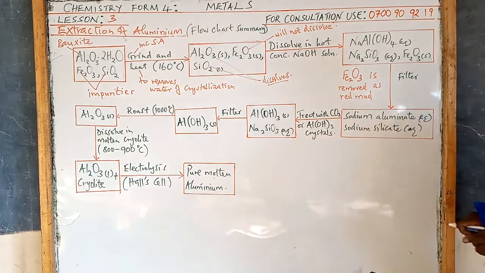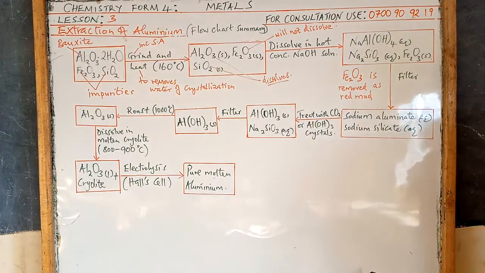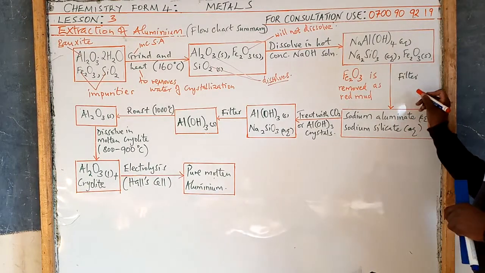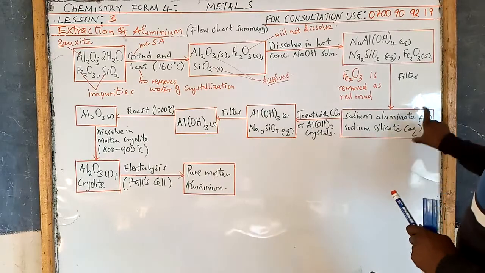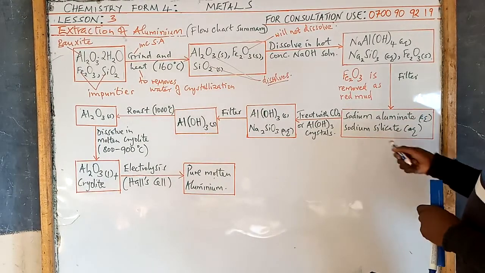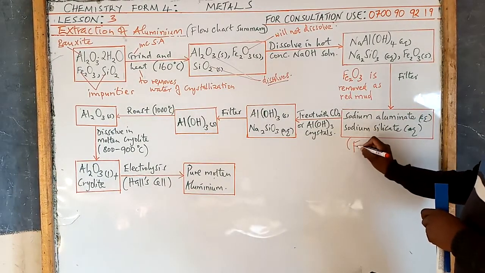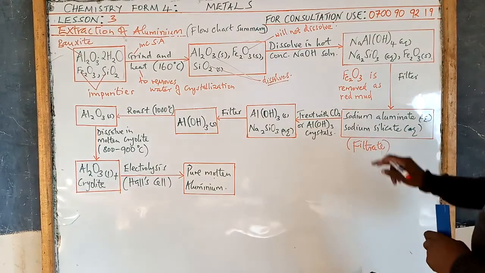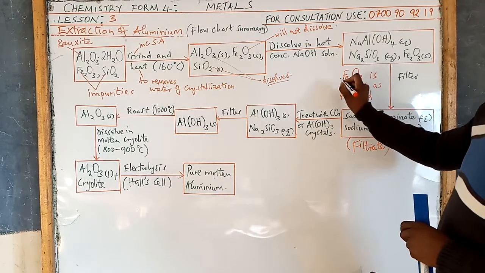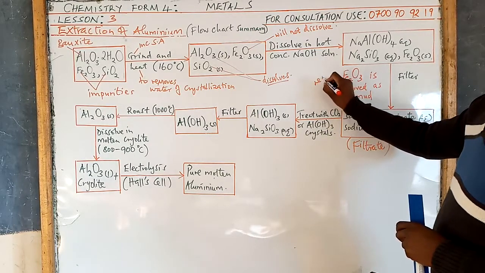At that point, you have removed the iron 3 impurities. So this is where you have the first filtration. Then now you have the filtrate. So what you have here is what you remain with as the filtrate after the first filtration, removing this. So this is the residue.